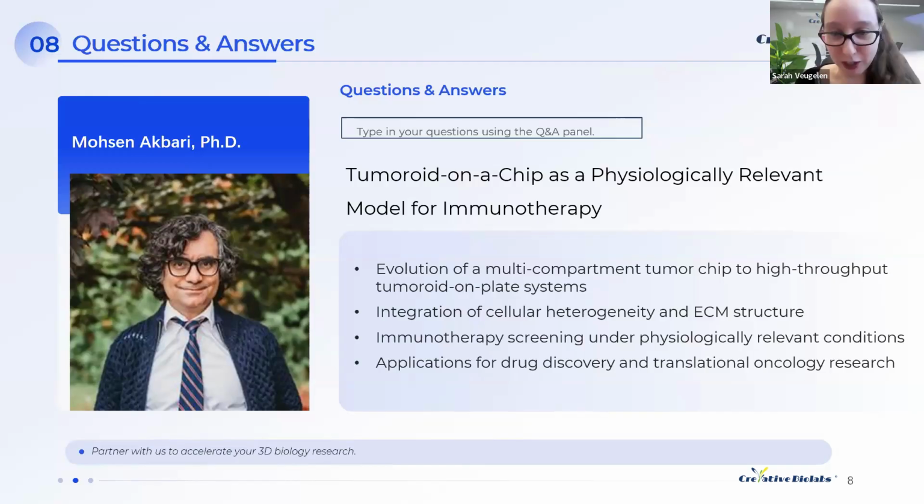Great, thank you. There is another question. First of all, great presentation. In your chip system, do your tumor spheroids develop blood vessel like structures? And if so, do they show tight junctions? We don't have blood vessels in what I showed you.